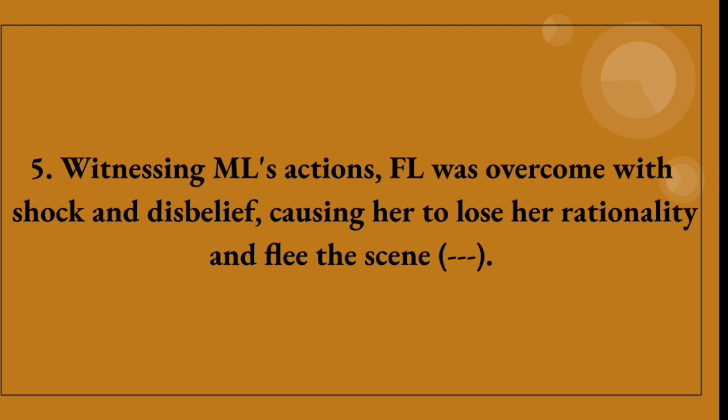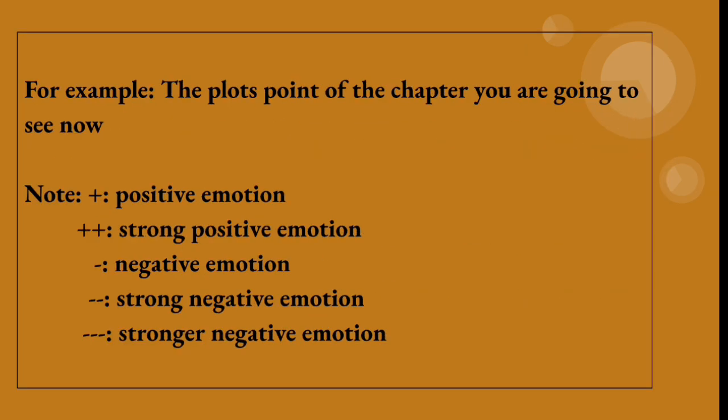Negative, stronger emotions. Okay, so going back to this, you see that this chapter has five plot points. It has the positive emotion, strong positive emotion, negative emotion, strong negative emotion, and stronger negative emotion.